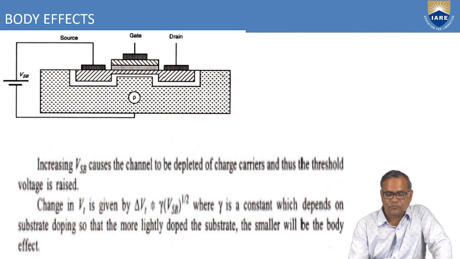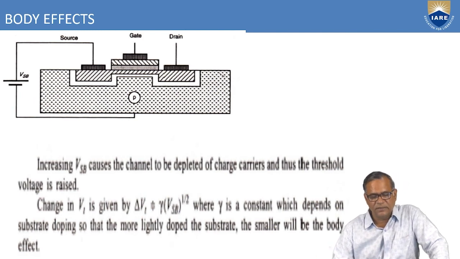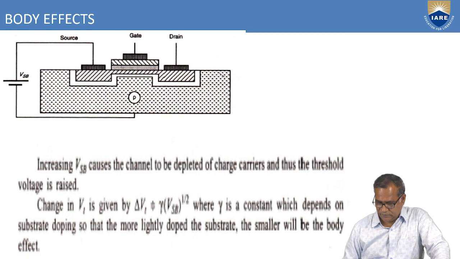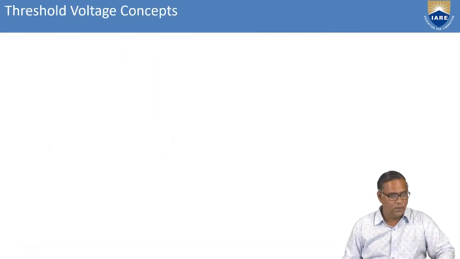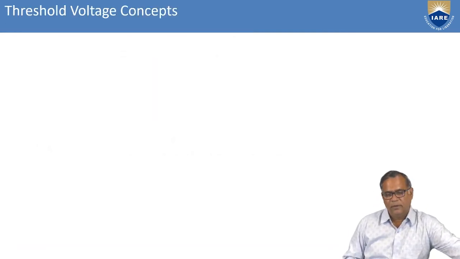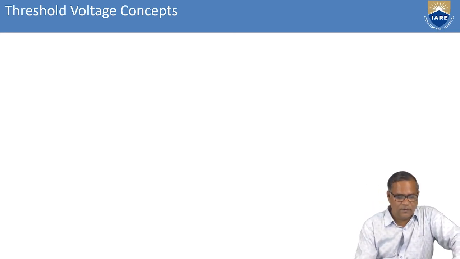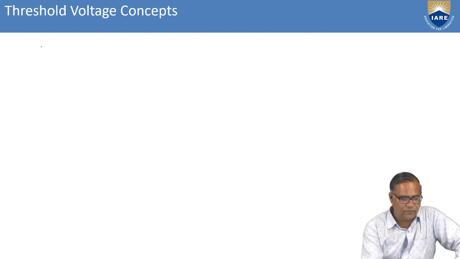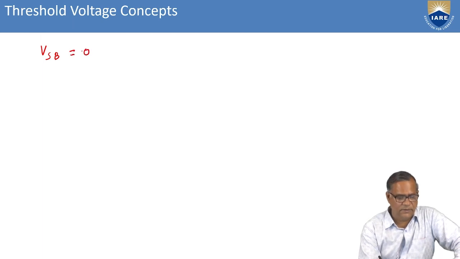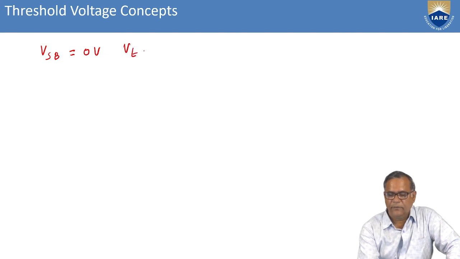So you see here, if you increase the value of VSB, it increases the threshold voltage. Now, let me give some quantitative figures. When VSB is equal to 0 volts, Vt is equal to 0.2 VDD.